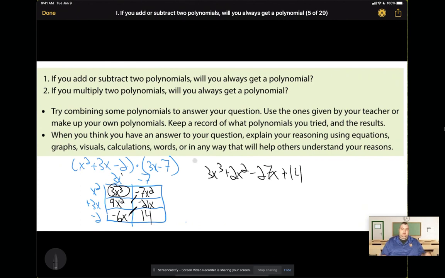Obviously not. Will I ever get an answer that has negative exponents if I started out with only positive exponents? No. So to answer the question, if you multiply two polynomials, will you always get a polynomial? The answer is yes, you will. So that is it for this lesson.